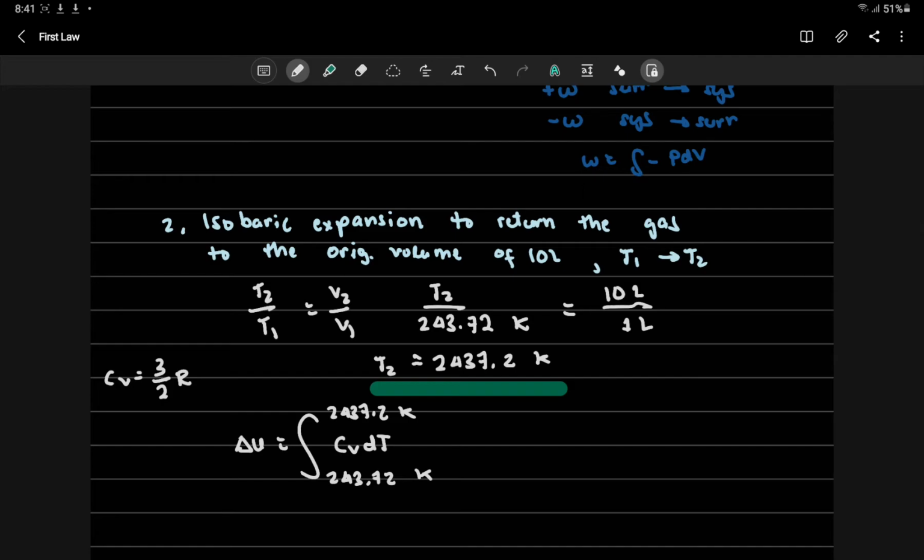Okay, so let's perform the integration. CV is constant, so 3/2 R comes out. And the integral of dT is simply the difference. So this will become T, with the limits 243.72 and 2437.2.